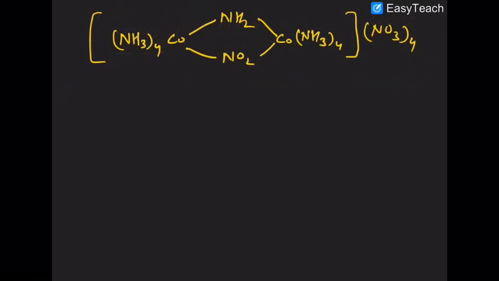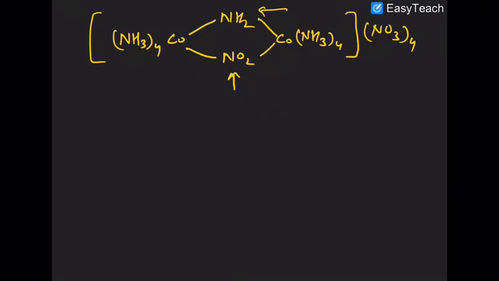Look at this name. This is known as a bridged complex. In that, some ligands, like this one and this one, are in a bridge. So these are called bridging ligands. They are polynuclear coordination compounds with the bridge ligand.